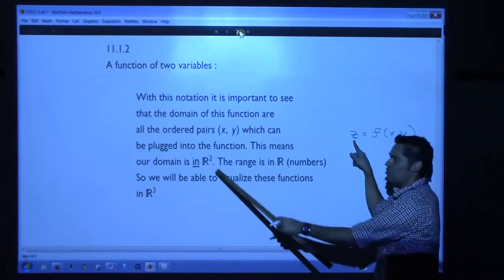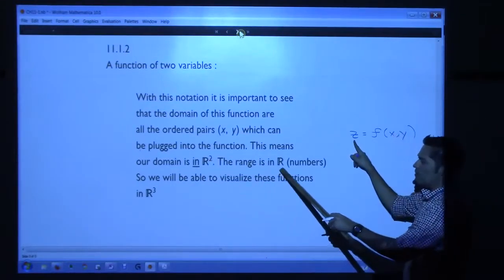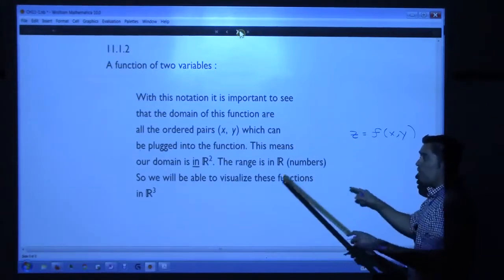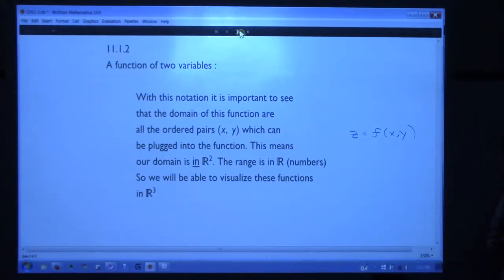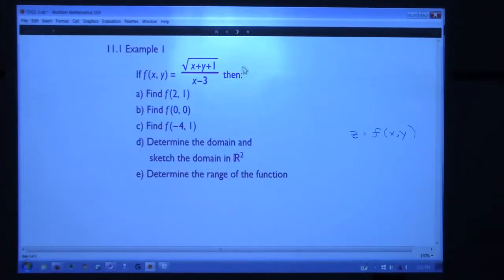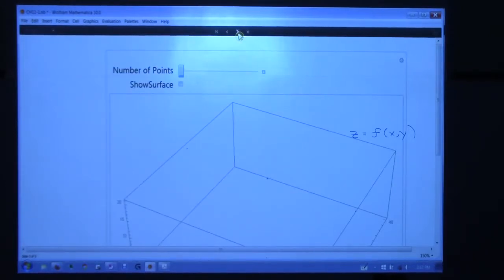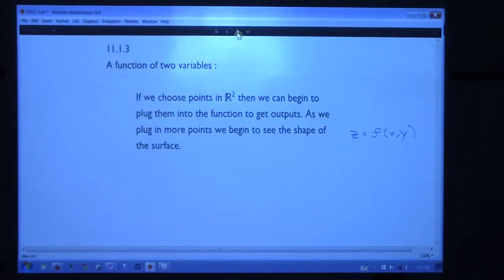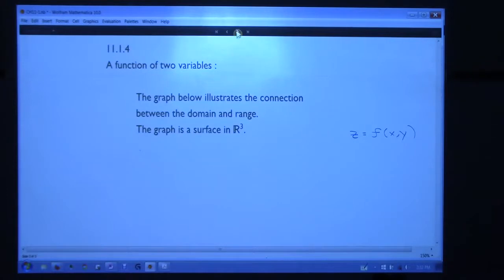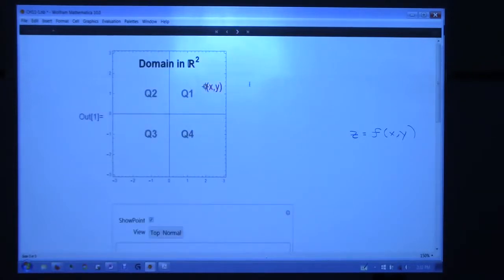So that means you need 2 dimensions for the input, 1 dimension for the output. So we will be able to visualize this picture in 3-dimensional space. I'm jumping ahead here.